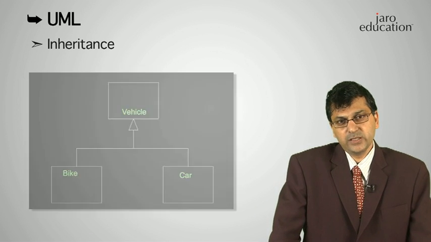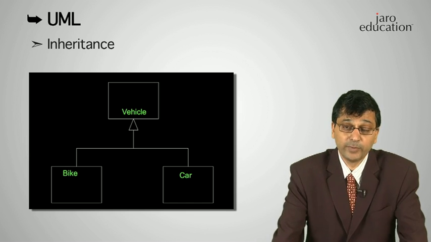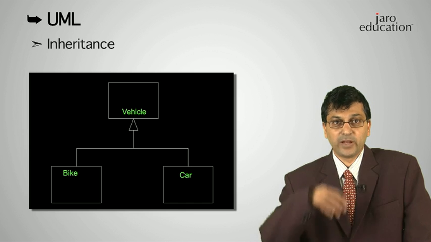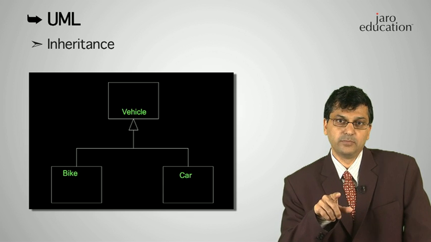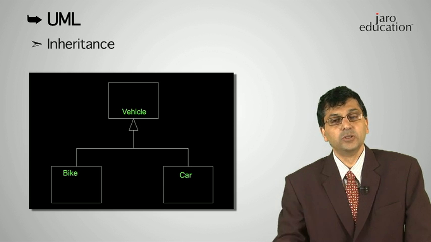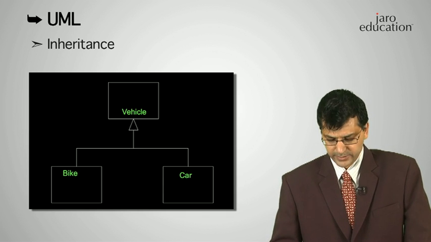Inheritance, we've already seen this while talking about classes in our object-oriented concepts, but the way you represent them on a UML diagram is basically you will have base class and subclasses or derived classes, and there will be a solid line moving from the subclass to the base class and an arrow pointing towards the base class. So that's how you represent inheritance.